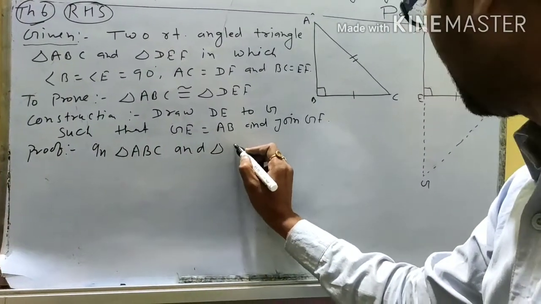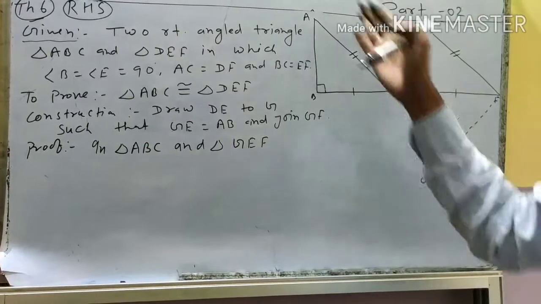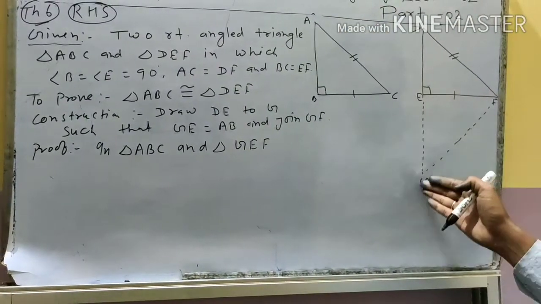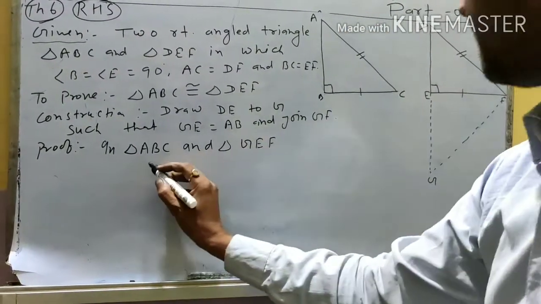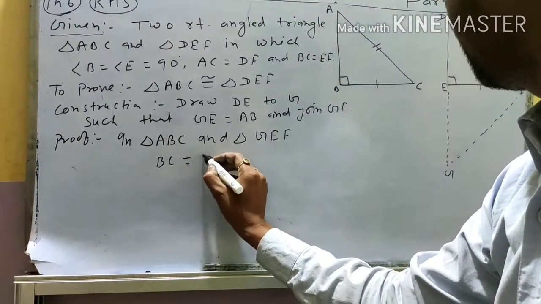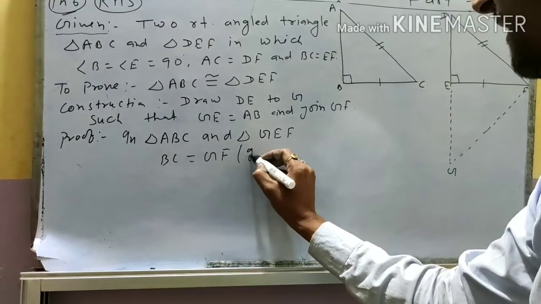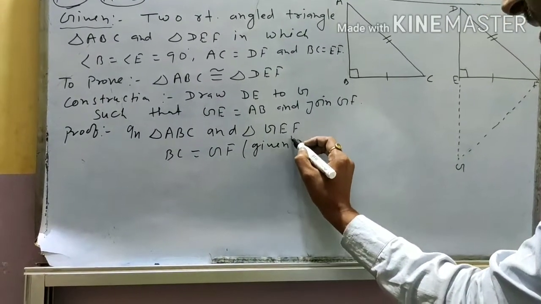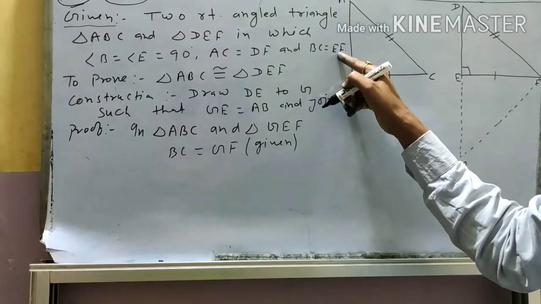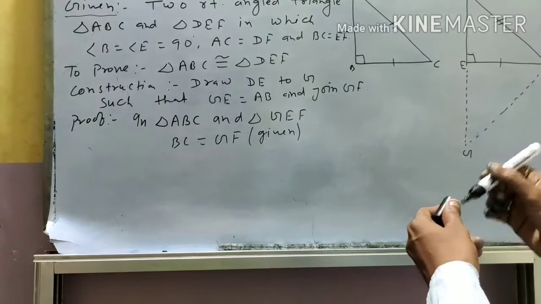In triangle ABC and triangle GEF, BC is equal to GF. This is not given information, this is the construction.